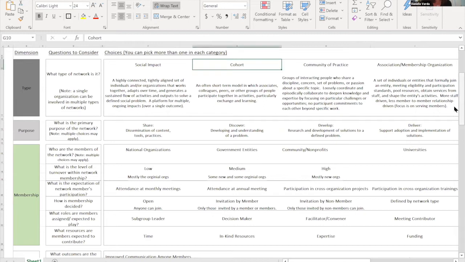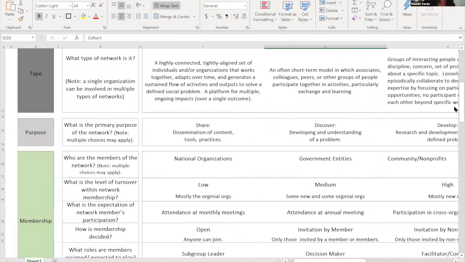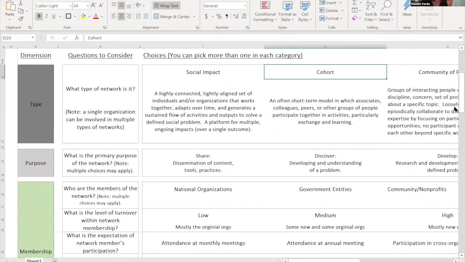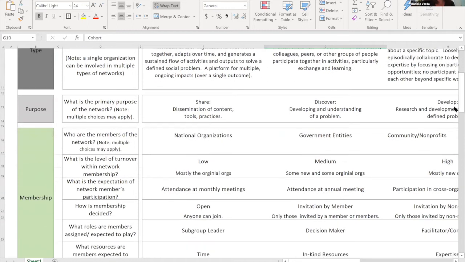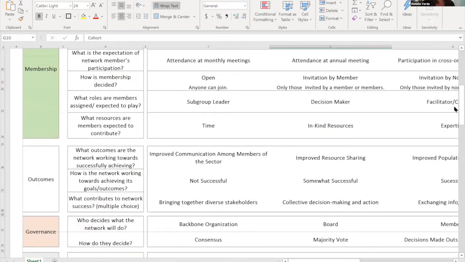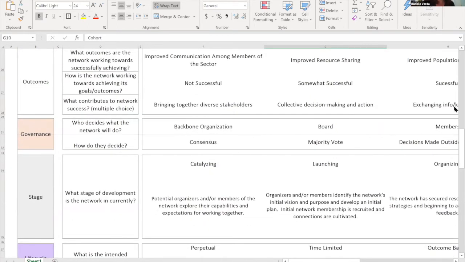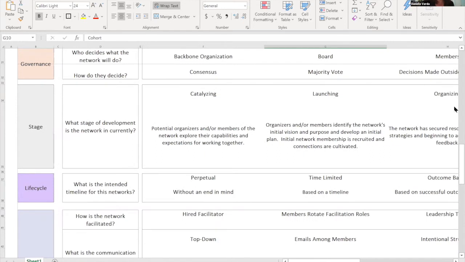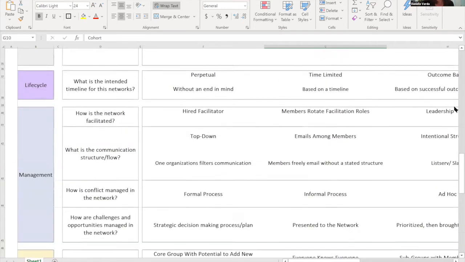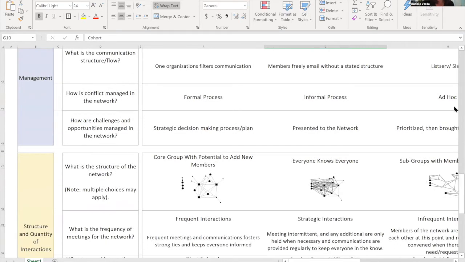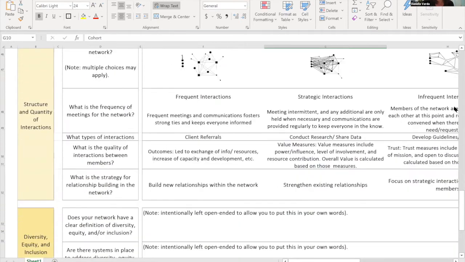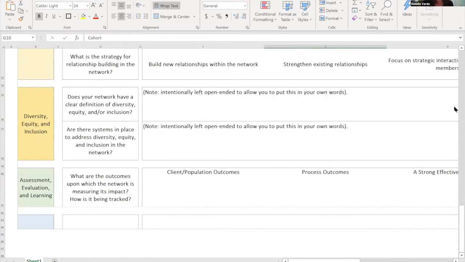Okay, so let's start going through this. I'm going to start with just going over here through the areas that this sheet covers. So we cover type of network, purpose, membership, outcomes, governance, stage of network development, the life cycle of the network, management, structure and quantity of interactions, diversity, equity, and inclusion, and assessment, evaluation, and learning.